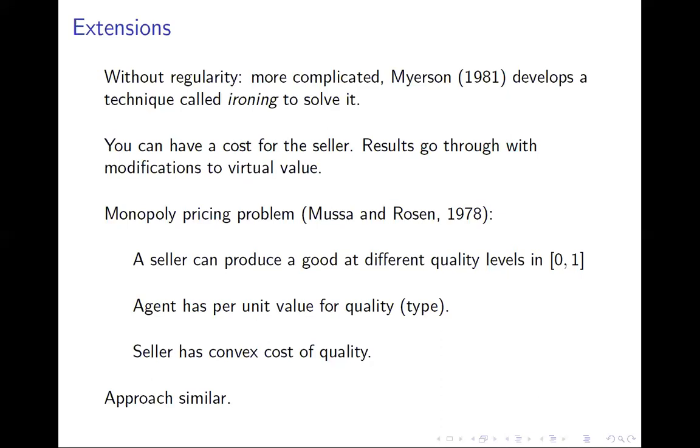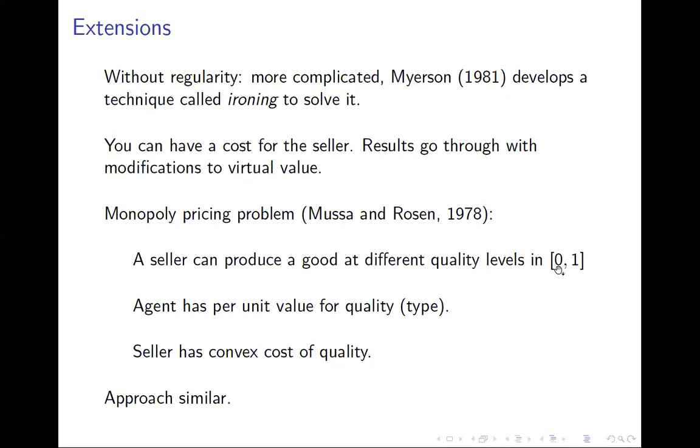In that problem, the setup is slightly different but very related. There is a seller which can produce a good at different quality levels. So instead of allocation probability, there is a quality level between 0 and 1.